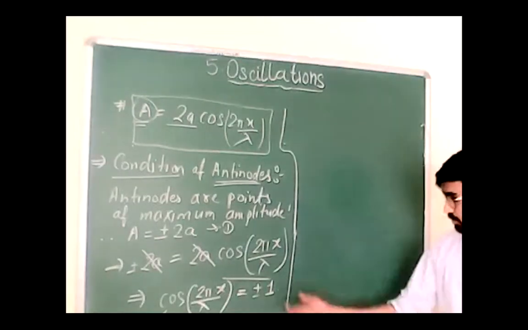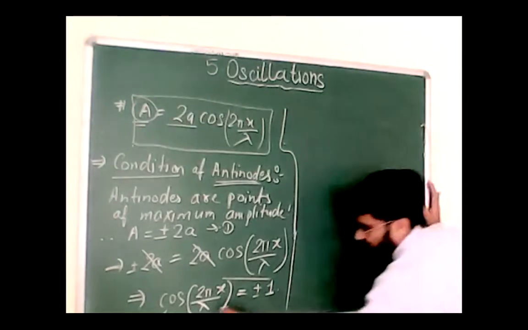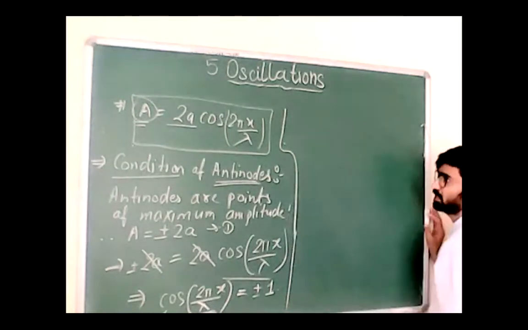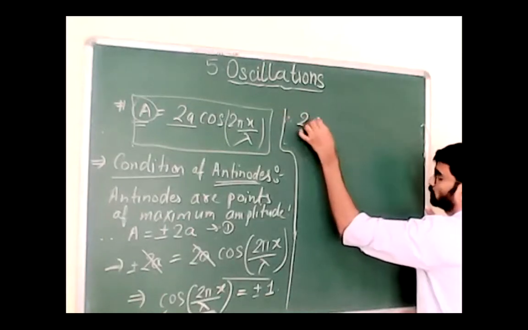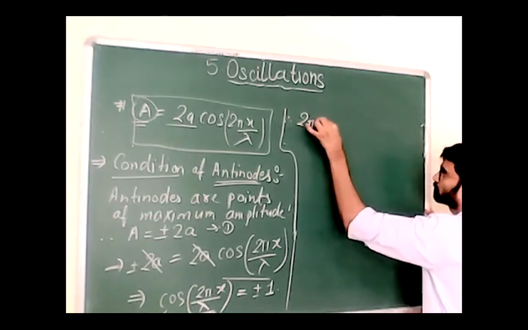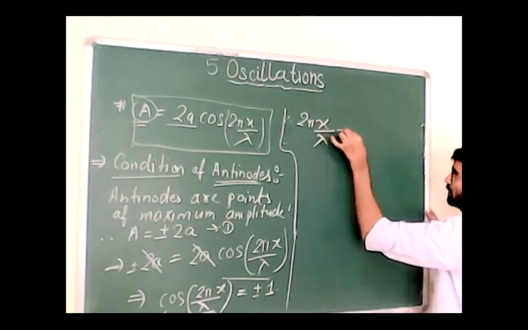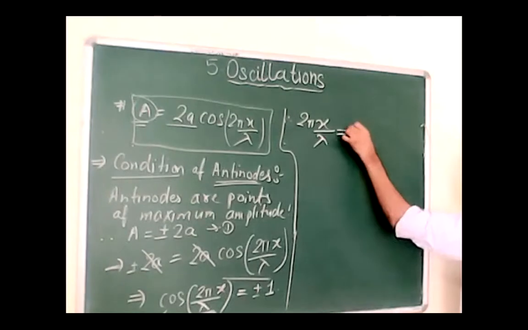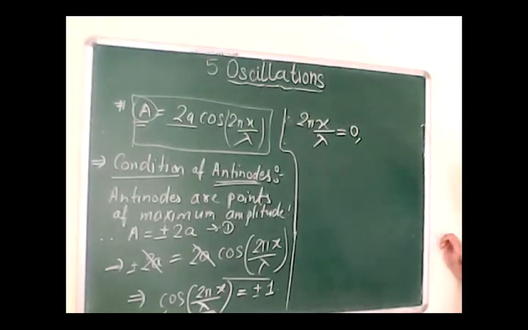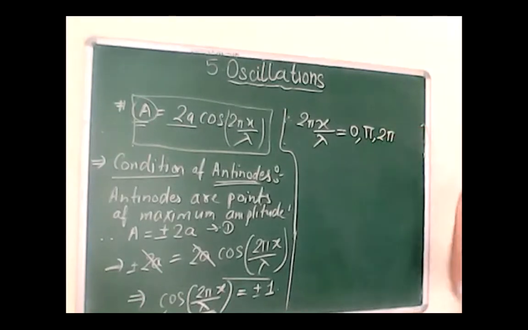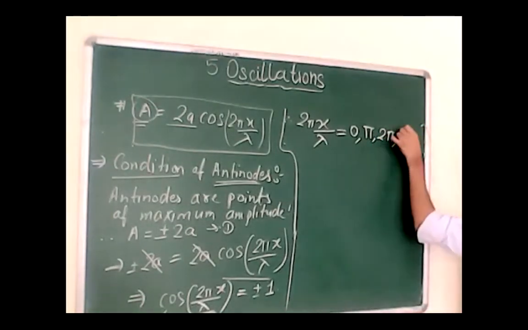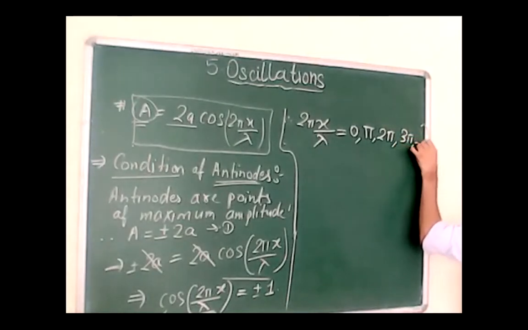So from here we can conclude that the value of 2πx/λ is equal to either 0 or π, then after that 2π, then 3π and so on.